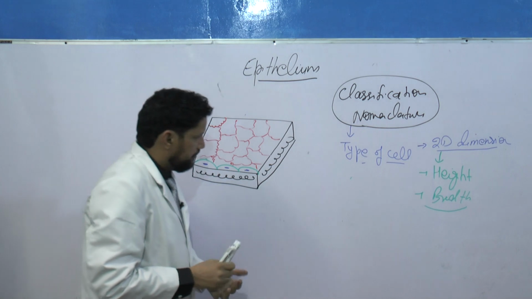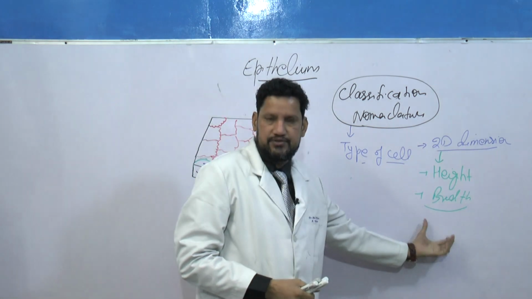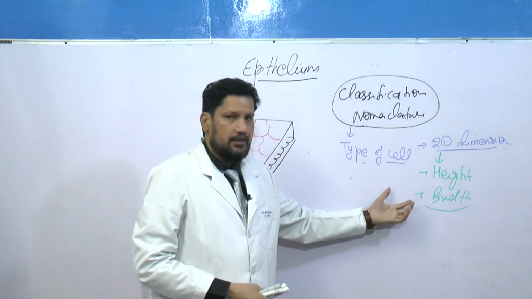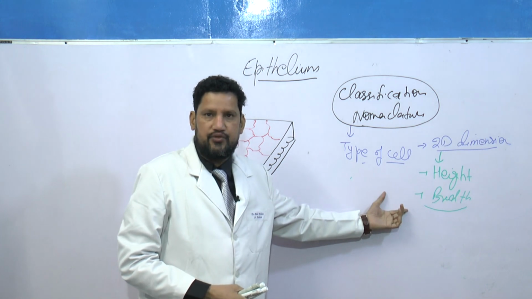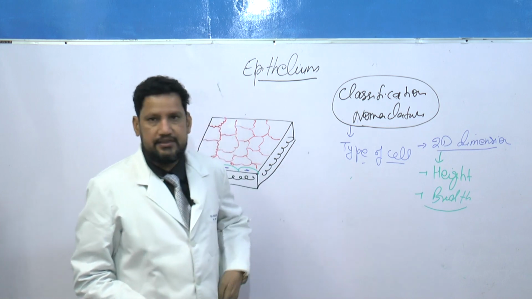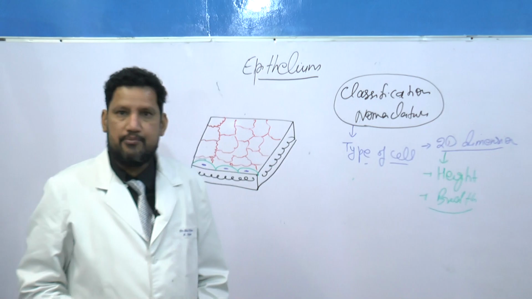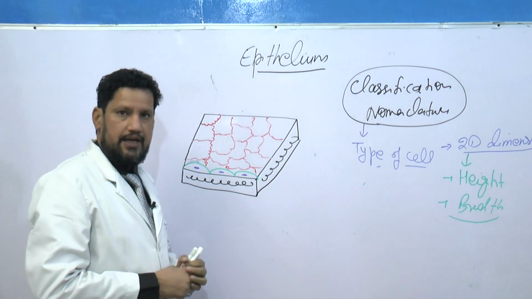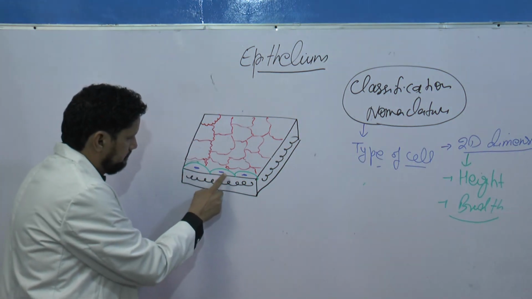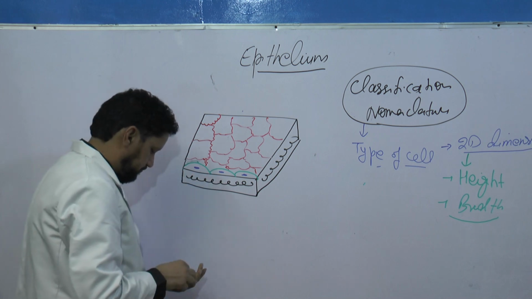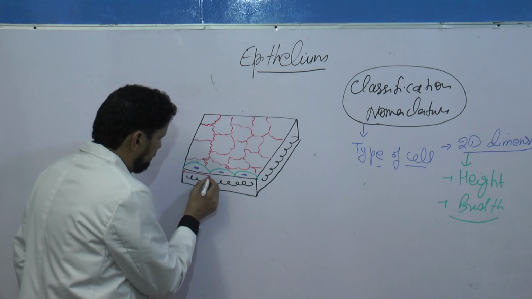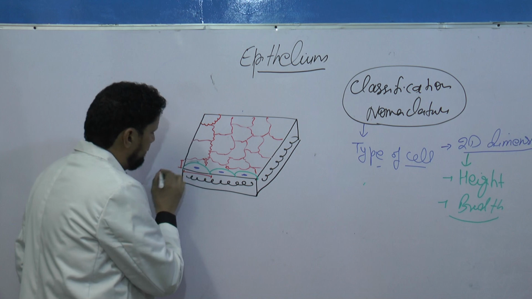So when we look at the 2D dimension, the height and breadth of the cell, height is very less in comparison to the breadth of the cell. This dimension is more in comparison to this dimension.